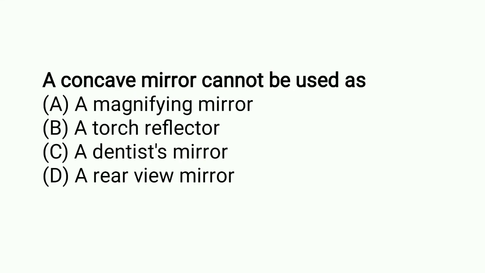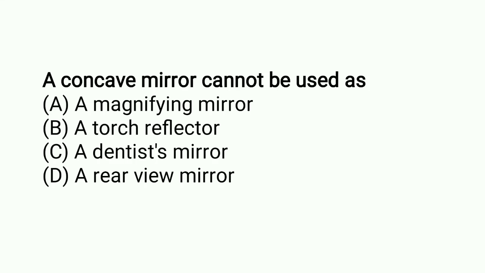Next question. A concave mirror cannot be used as option A, a magnifying mirror, option B, a torch reflector, option C, a dentist mirror, option D, a rear view mirror.